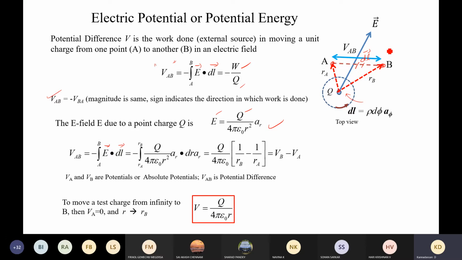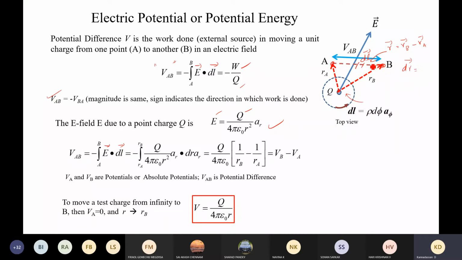This small dl vector is nothing but the r vector. This r vector can be calculated as the difference between the rb vector minus the ra vector. If you know the exact locations, you can find the difference between them. That is nothing but the r vector, and we are going to calculate this dr vector.